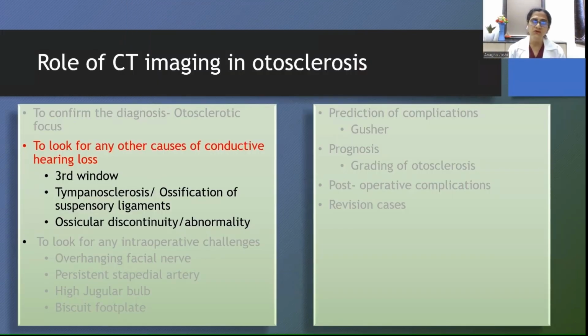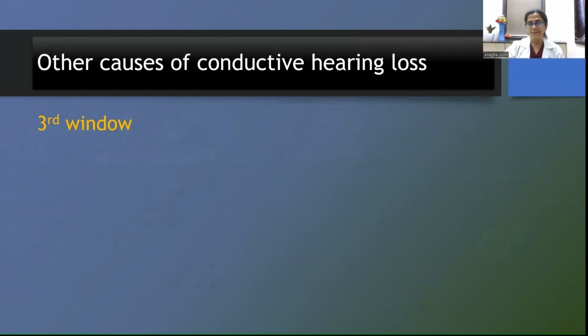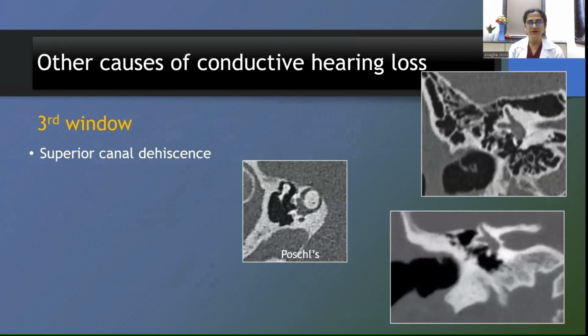You would also want to rule out any other causes of conductive hearing loss, like a third window, tympanosclerosis, ossification of the suspensory ligaments, or ossicular discontinuity or abnormality. So what is a third window? You can get a third window because of superior semicircular canal dehiscence, and basically the third window causes a pseudo-conductive hearing loss.